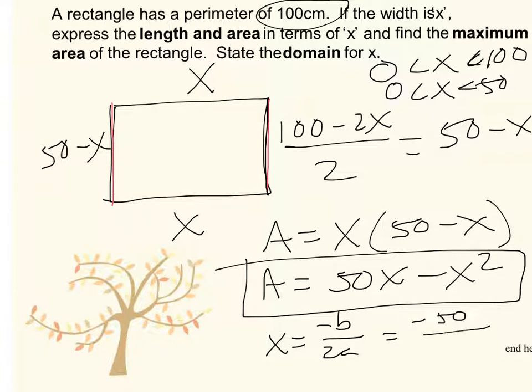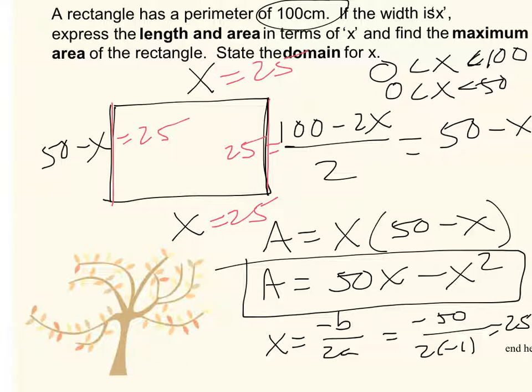Negative b is negative 50 over 2 times negative 1. And it's 25. Okay? 25, 25. 50 minus 25. This would be 25. And the same over here.